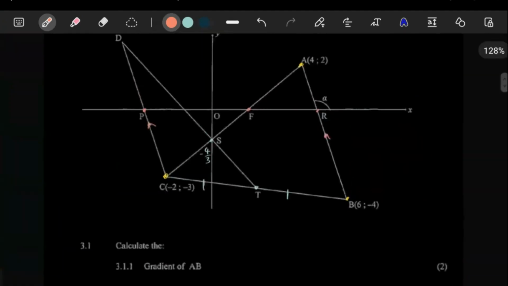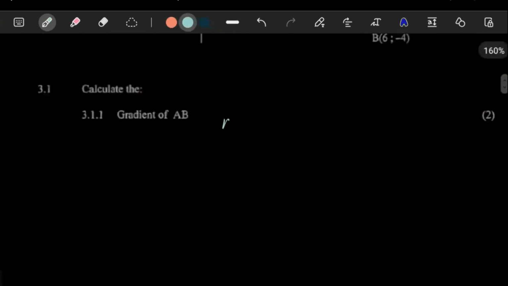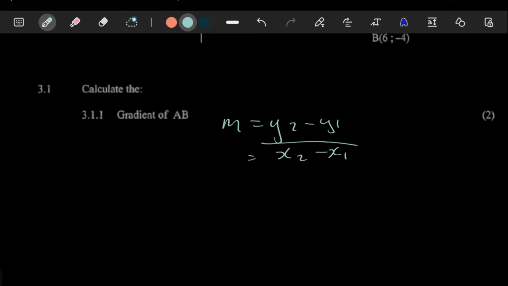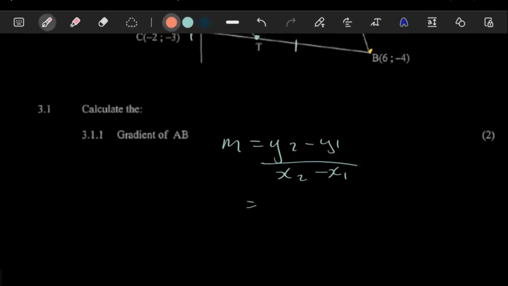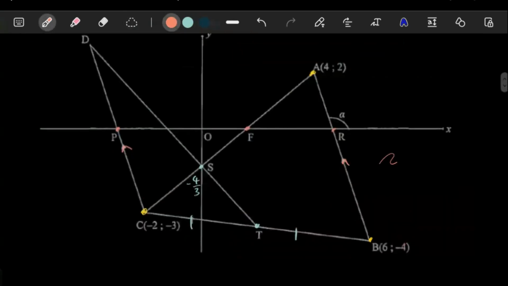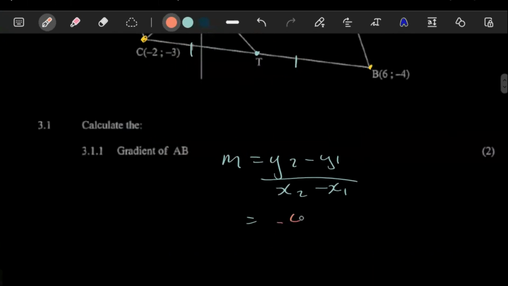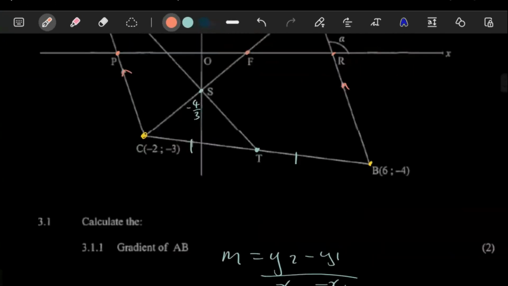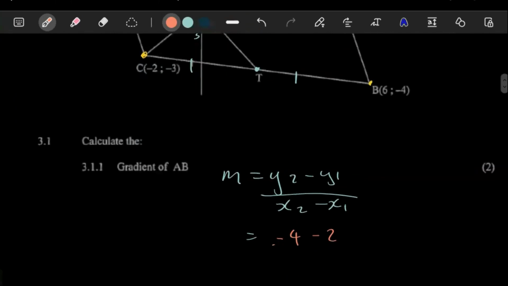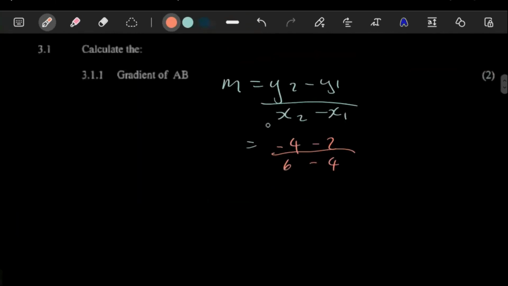Get the gradient of AB. Very straightforward, very easy question. 3 marks, never lose those kinds of marks. So you can write out your gradient equation, put in your x and y values. We can easily say negative 4 minus 2, and then 6 minus 4 is negative 6, and then you have 6 minus 4, which is 2.